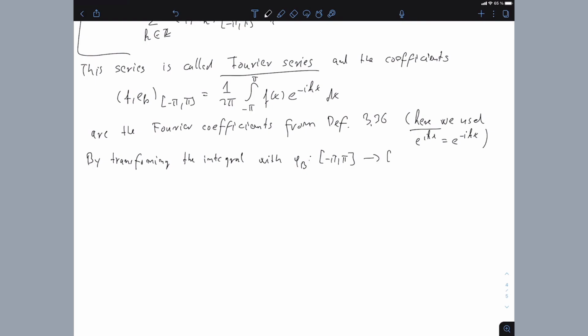We can look at phi_b that transforms minus pi, pi to minus b, b, and x is mapped to b divided by pi times x. So just a simple rescaling. Dividing by pi brings us to minus 1, 1, and multiplying by b then scales minus 1, 1 to minus b, b.